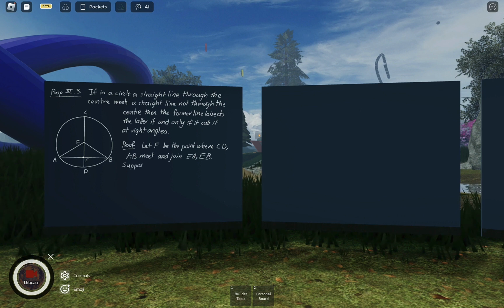Proving an if and only if statement, so let's suppose that CD bisects AB. That is, suppose AF equals FB. Then we have AF equal to FB, as I just said, and we also have EA equal to EB.